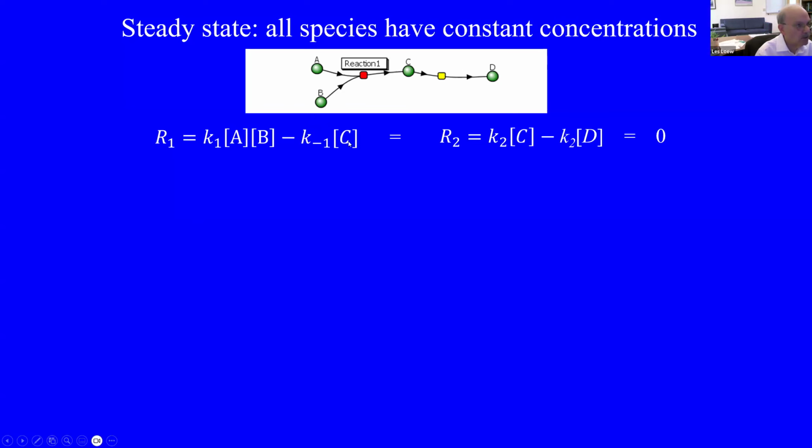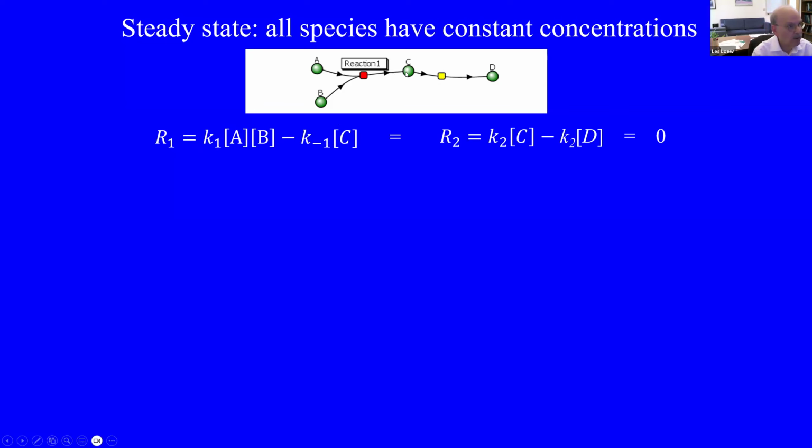And in this rate expression for reaction 1, I show that the forward rate is K1 times the concentration of A times the concentration of B, a simple mass action rate expression. But there's also a reverse rate where C can go back to A and B, okay?